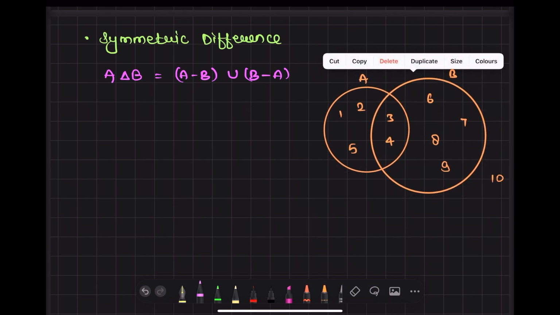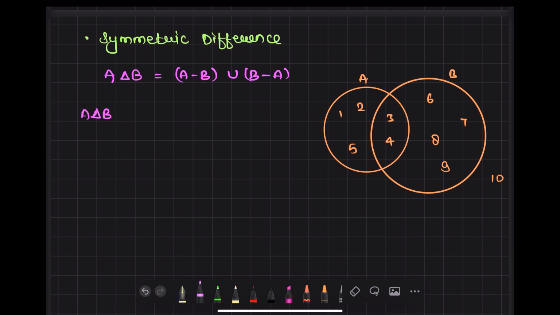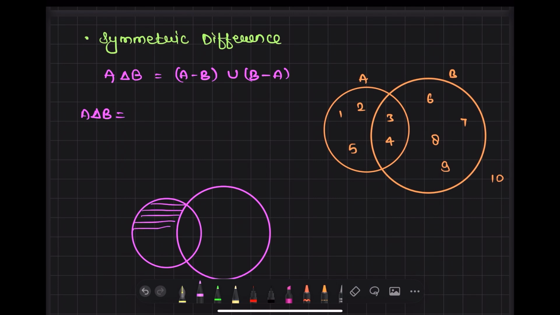Okay. So look at this. So what will be the result? So A triangle B will be what? I'll tell you first the observation room. Point of observation. Okay, so this room you have to be focused on because you are taking union na.